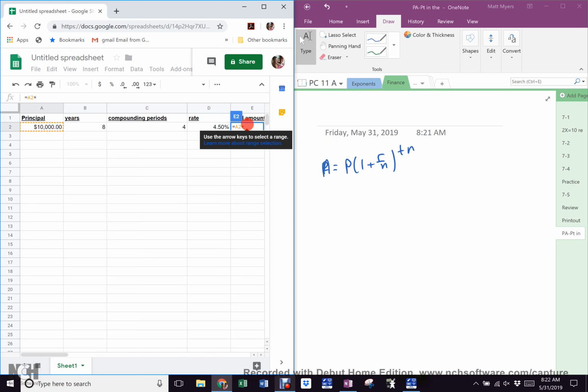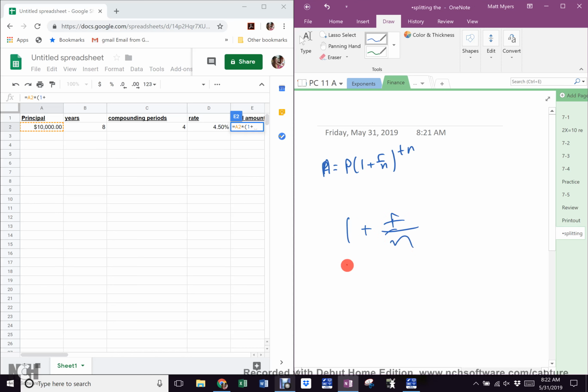Everybody cool? Now we're going to open a bracket. 1 plus. Now, we need to do R divided by N, don't we? Now, it's not 1 plus R, then over N, right? It's 1 plus that whole value, correct?